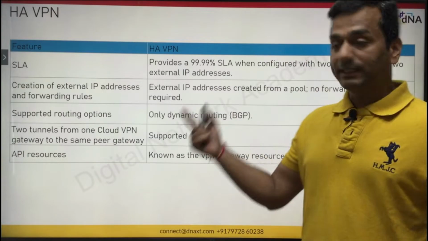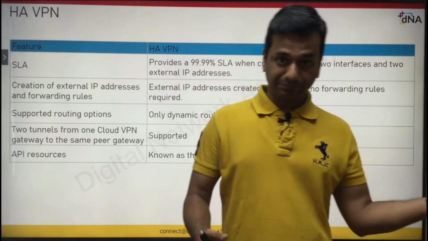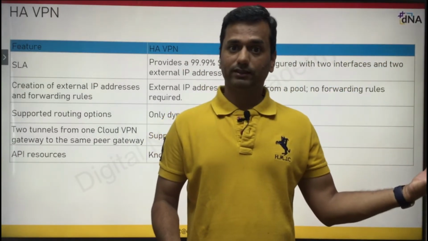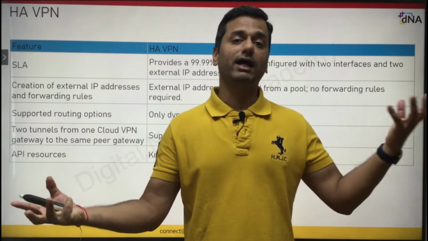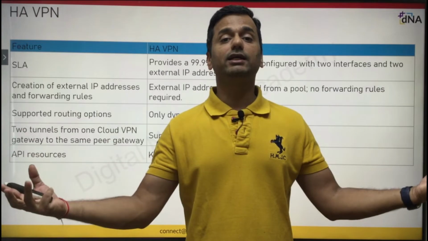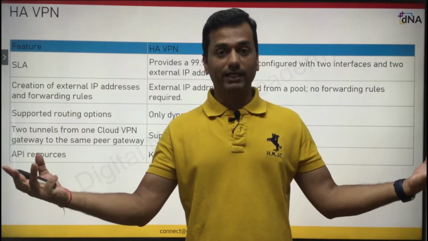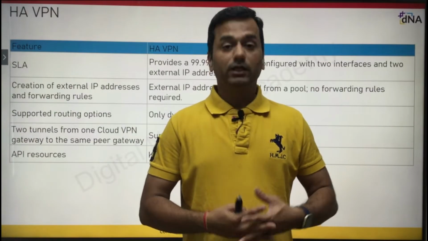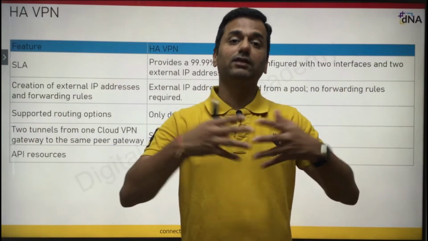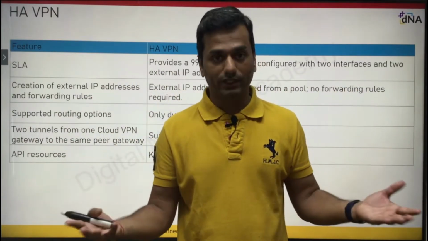Next, with HA VPN, if I have AWS and GCP, or GCP and an on-premises site, as a part of HA you can have two tunnels between these two sites. Once the tunnels are established, how do you do the routing?